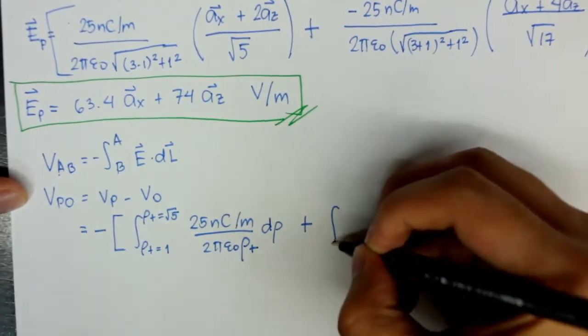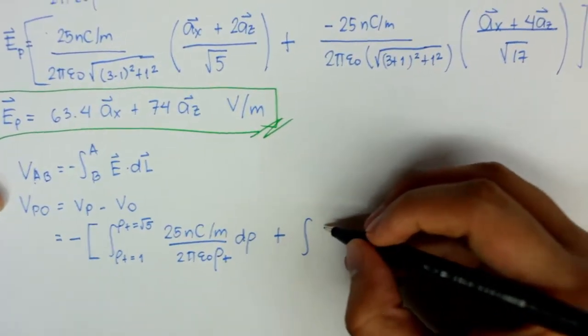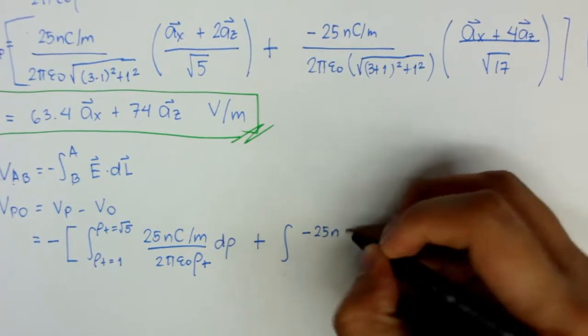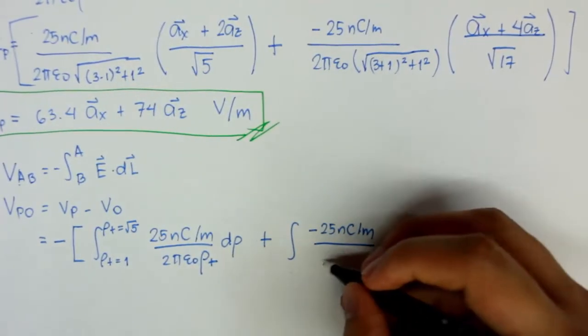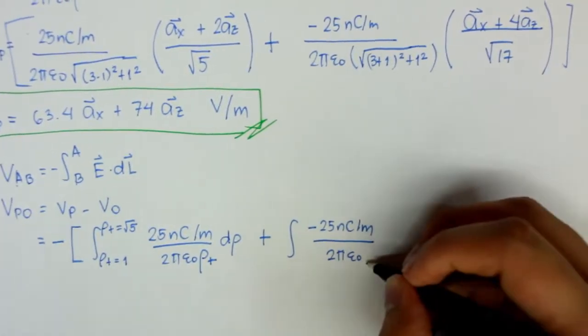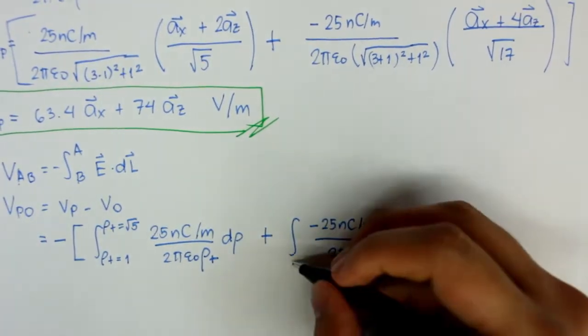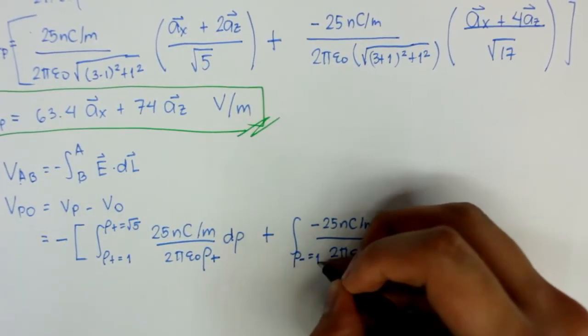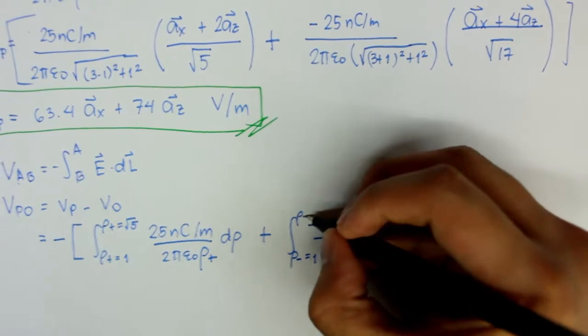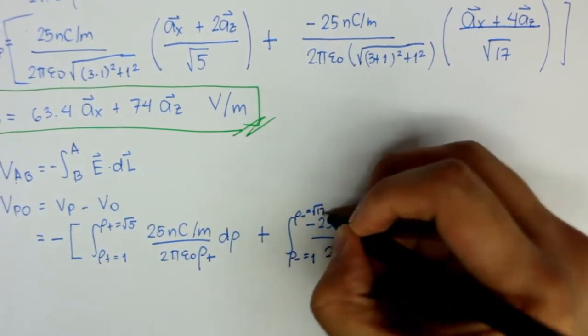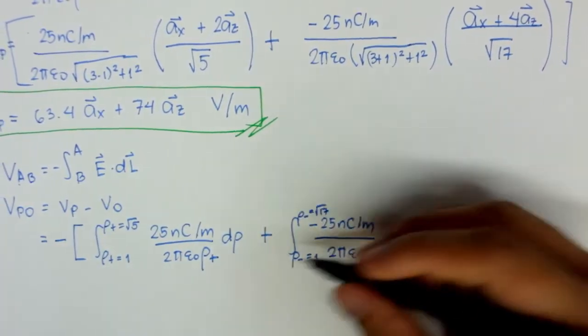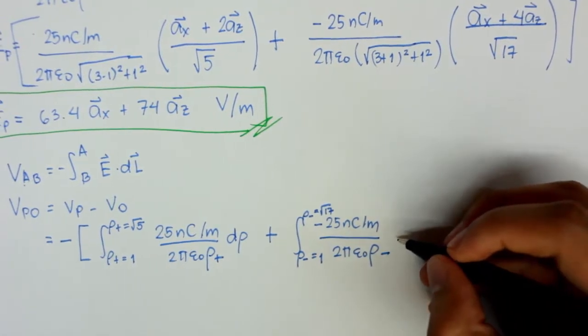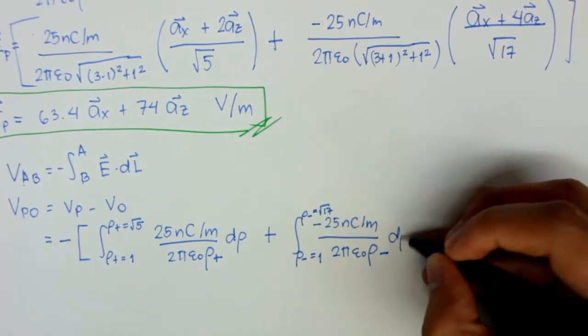Plus the contribution of the negative line charge: 25 nanocoulomb per meter over 2 pi epsilon naught rho minus, with rho minus from 1 up to square root of 17. And again, the line differential is d rho.